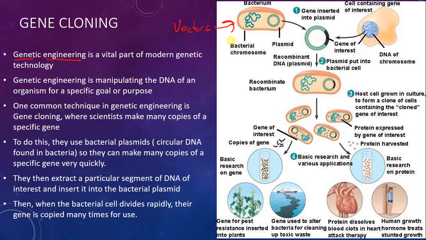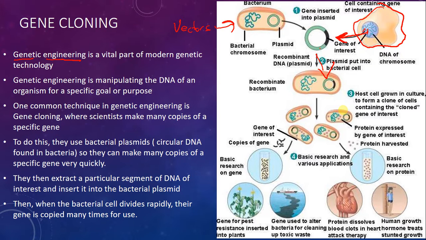So what we need to do is take a gene that we're interested in from a different cell. We find some cell that has a gene that we're interested in, and we cut that gene out of its DNA, and we insert it into the circular plasmid of the bacteria. Then we put that plasmid back into the bacteria, and we grow them, we culture them.